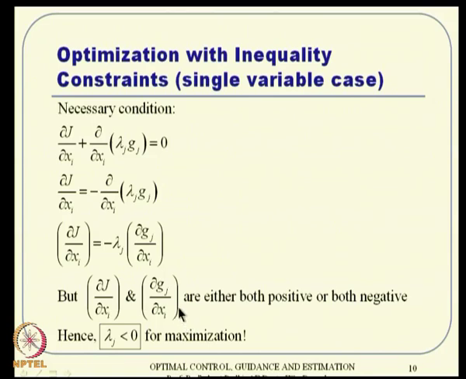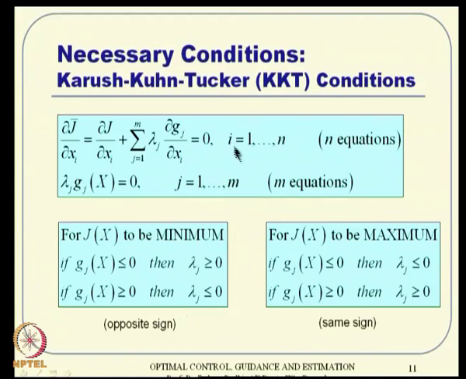As a summary, this kind of analysis was earlier known as the Kuhn-Tucker condition and some books still follow that, but more popularly nowadays it is known as the Karush-Kuhn-Tucker condition. Karush happens to be an independent researcher, and then Kuhn and Tucker derived these conditions and it became popular.